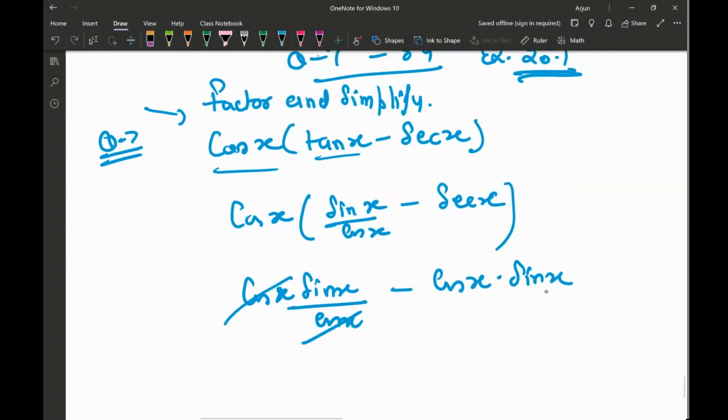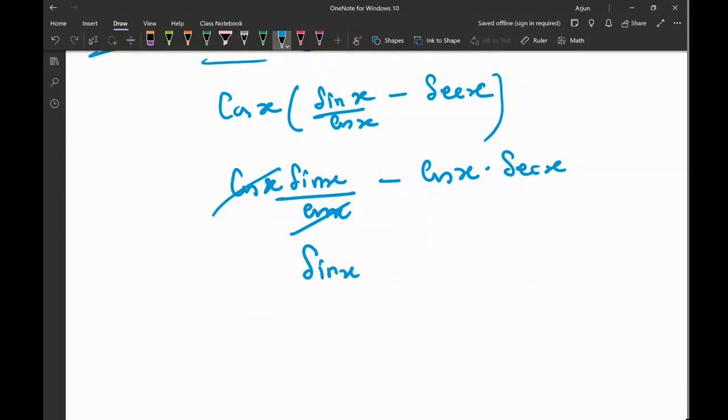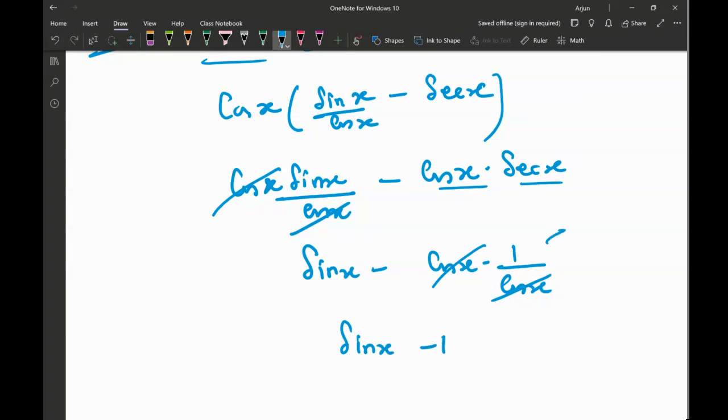Sine x minus cos x times 1 upon cos x. This cancels out. So sine x minus 1, 1 will remain here. So this will be my final answer, sine x minus 1 for this question. That is the simpler form of the work.